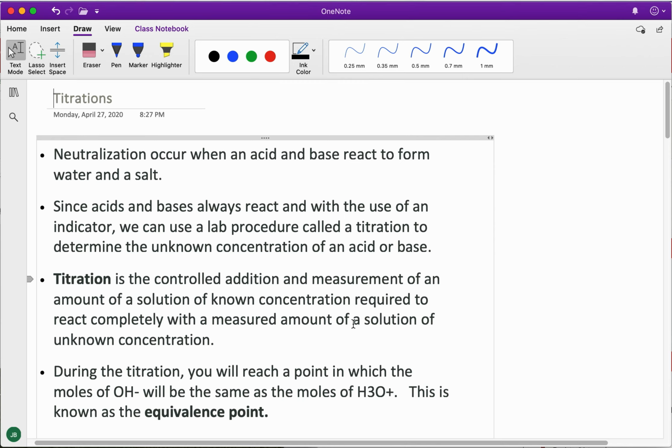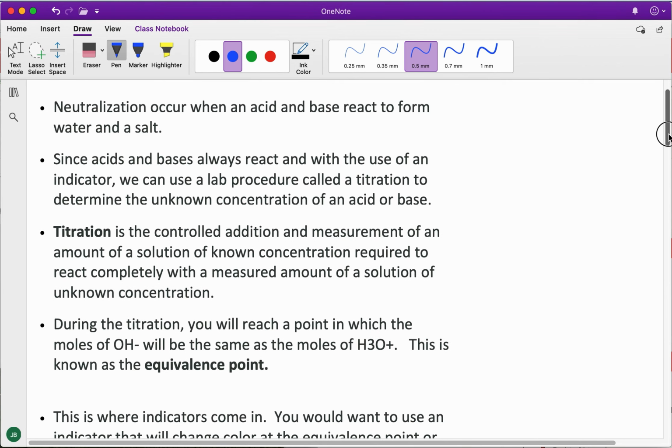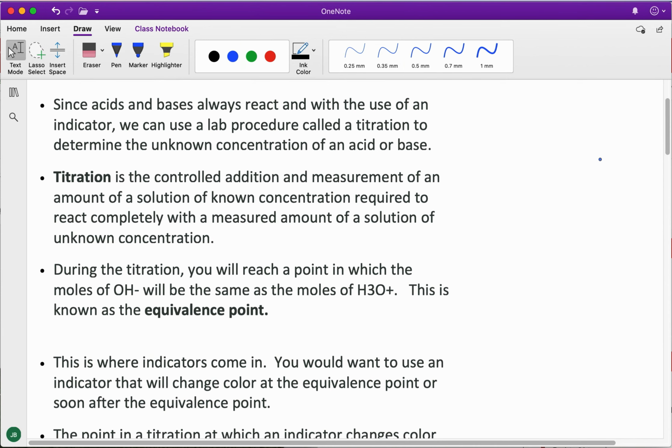You're not going to have any kind of solid precipitate that forms in these acid-base reactions. So a titration is the controlled addition and measurement of an amount of a solution of known concentration required to react completely with a measured amount of solution of unknown concentration.